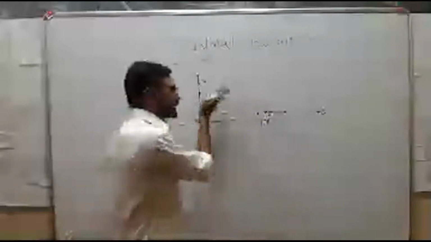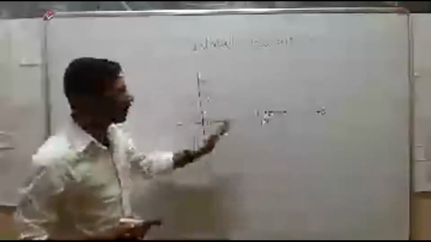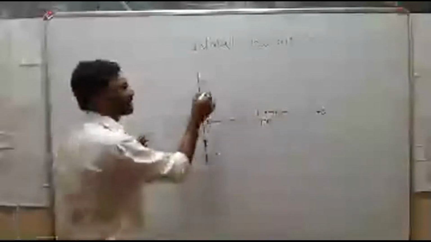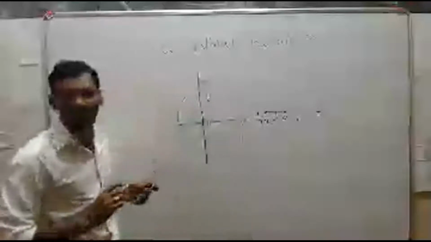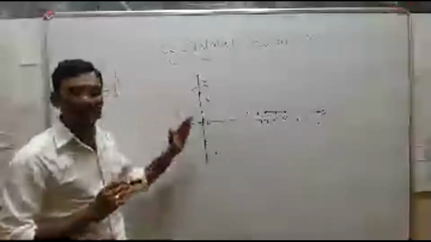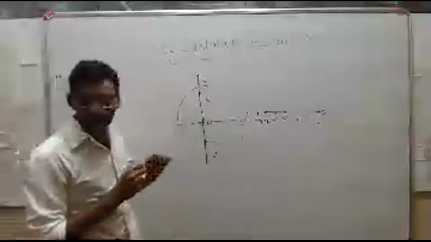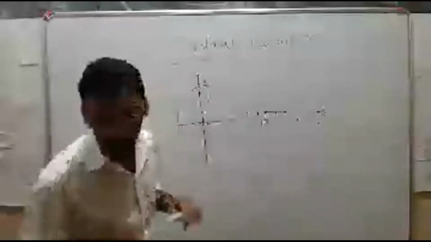After intersecting, both the lines become the Cartesian plane.